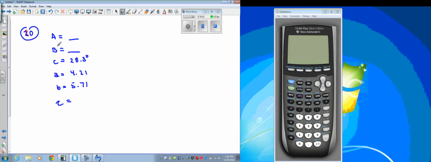See, if it were either B or A as the angle, then it would be case 2. This is case 3. Then in case 3, you go over to step 1. It says find the third side. So the formula you're going to use is C squared equals A squared plus B squared minus 2AB cosine of C.